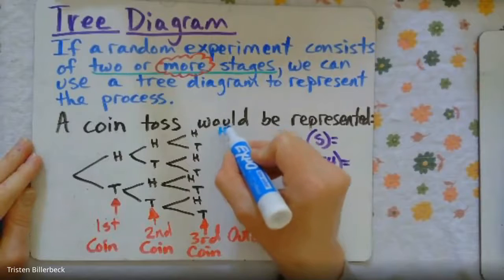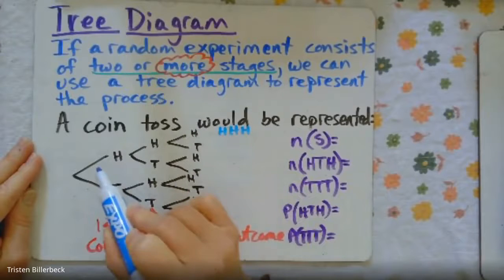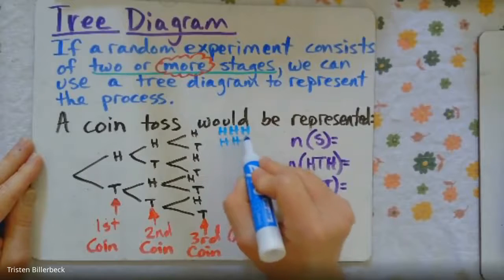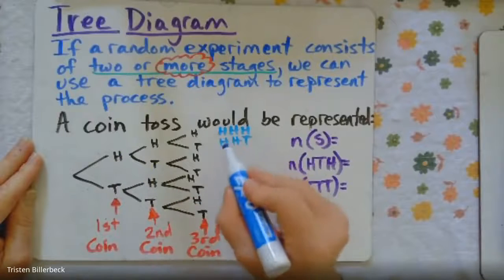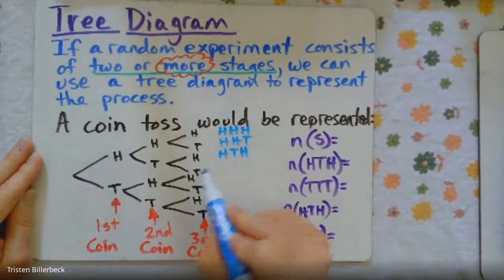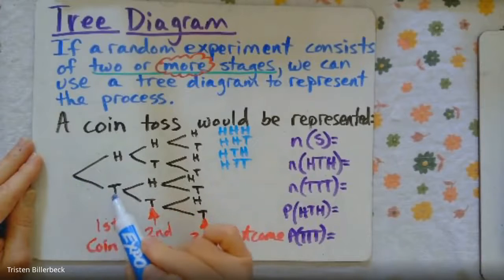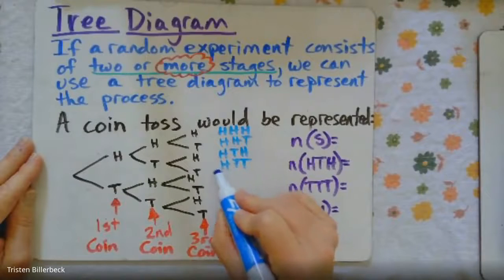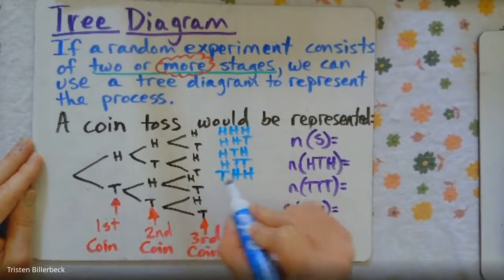This outcome up here was H, H, H. And then we had H, H, T. And then on this branch we had H, T, H. And H, T, T. And on this branch we had T, H, H. And T, H, T.